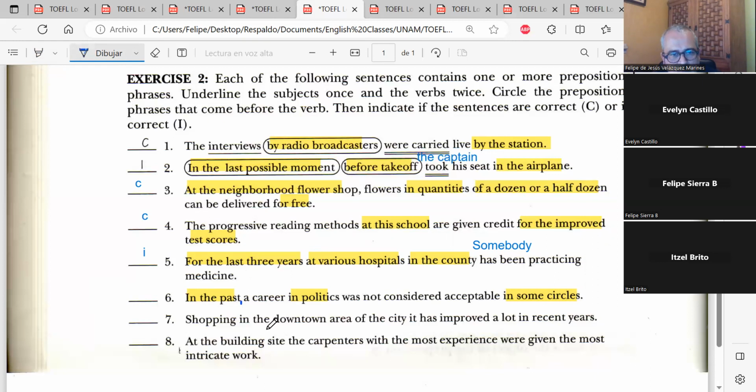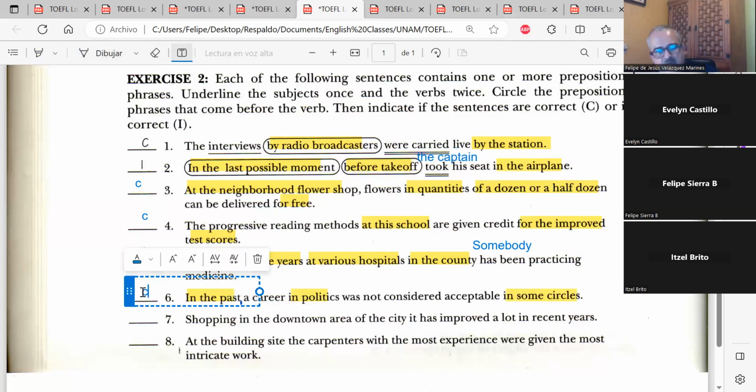And why a comma? We have a comma because we start with the prepositional phrase, to indicate where the subject begins, right? Yes. Okay, very good. And this sentence is correct, because a career was not considered acceptable. Yes, very good.